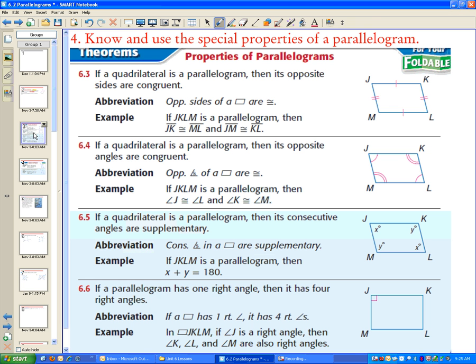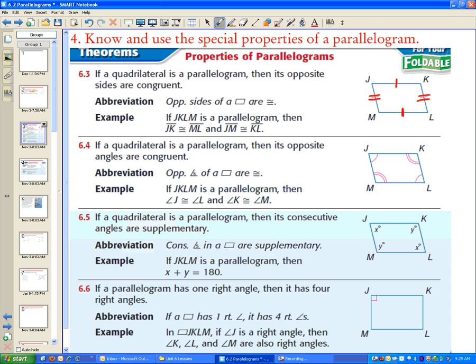So we already knew that the opposite sides were parallel. This theorem says that opposite sides are congruent. So in this one here, segment JK is congruent to segment ML, and segment JM is congruent to segment KL. So not only are opposite sides parallel, they are also congruent.